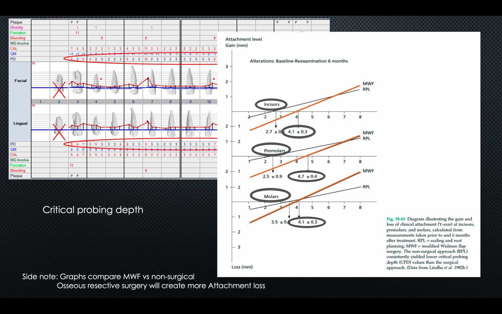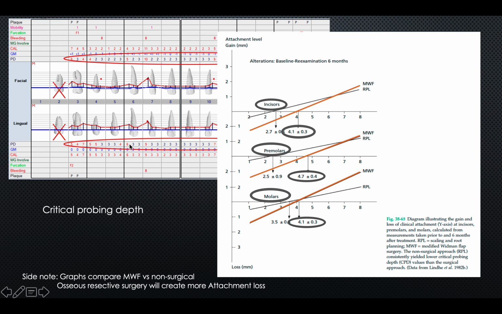Make sense? Okay. The same thing for premolars. This cutoff is 4.7. So let's say I have 4 millimeter. Do I need to raise a flap in that specific site? Well, based on this study, I'm going to lose attachment.